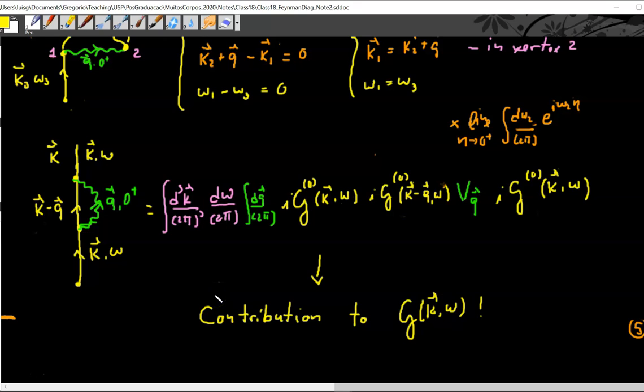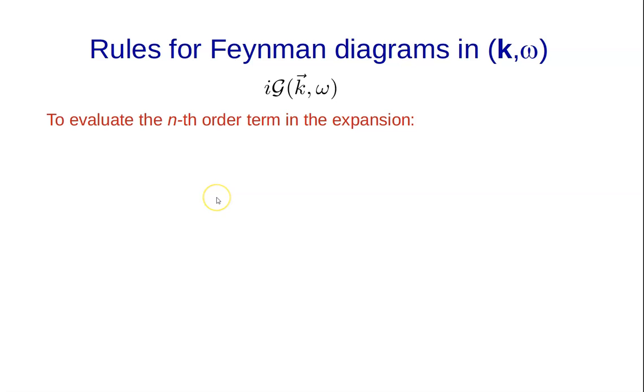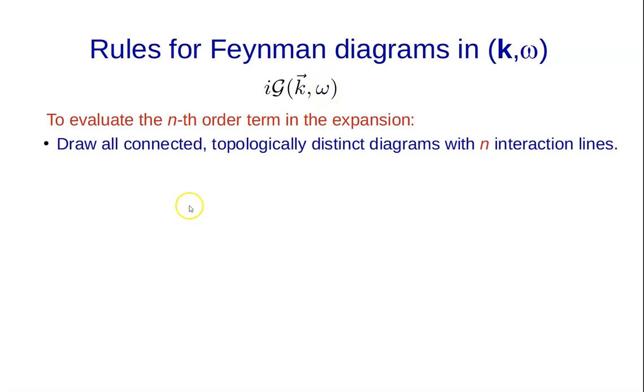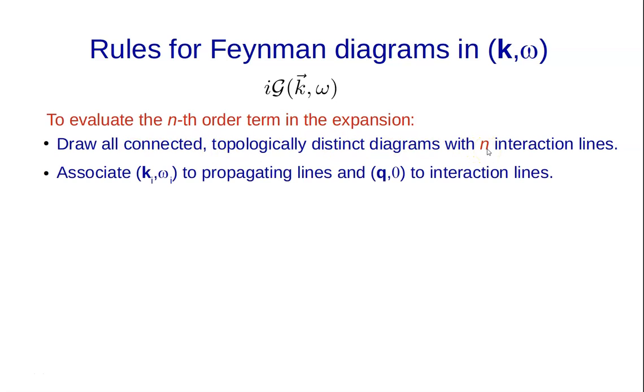All right, so let's see the rules for building Feynman diagrams in momentum space. So these are the rules for the Feynman diagrams in k and omega space. Let me just summarize what we just learned. To evaluate the nth order term in the expansion for these Green's functions, we, as before, draw all connected topologically distinct diagrams with n interaction lines.